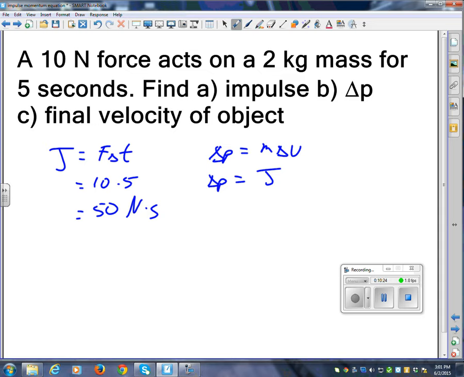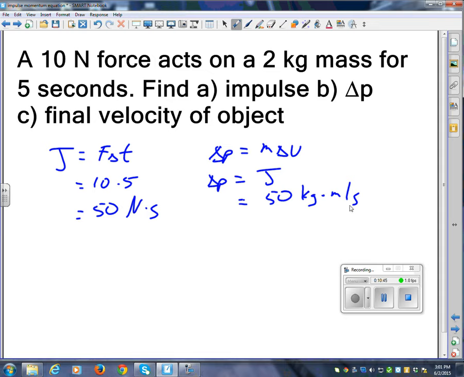It's the same number. It's 50, but because it's momentum, it's not measured in Newton seconds. It's actually mass, kilogram, velocity, meters per second. Kilogram meters per second.